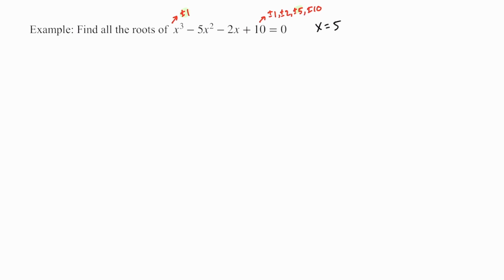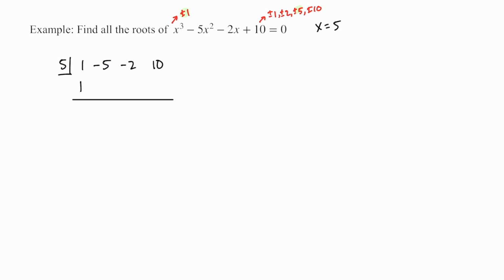We can just use 5 and jump directly to some synthetic division. So if I put my 5 out here with synthetic division, and then on the other side, I have a 1, a negative 5, a negative 2, and a 10. I should, if I'm still correct, get a remainder of, say it out loud, 0, yes.